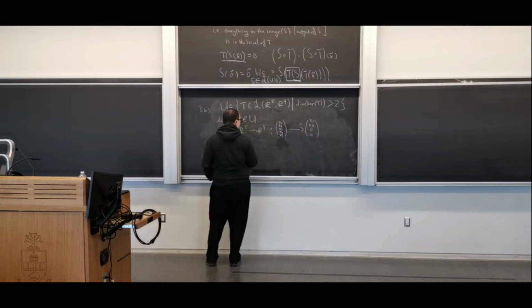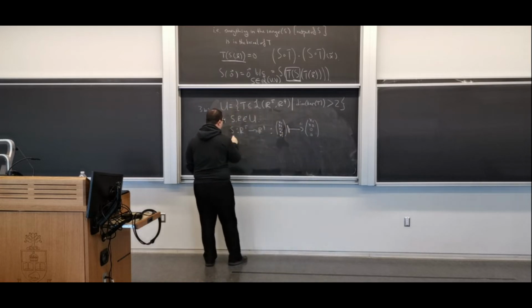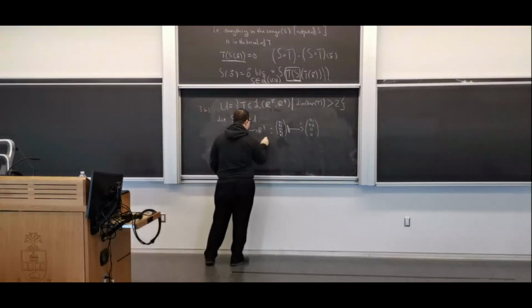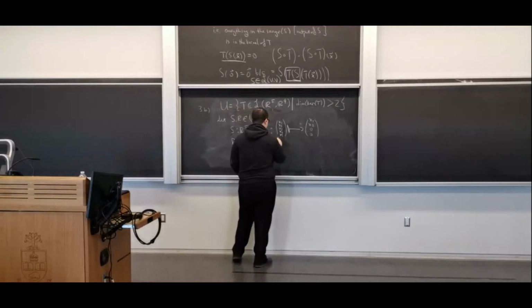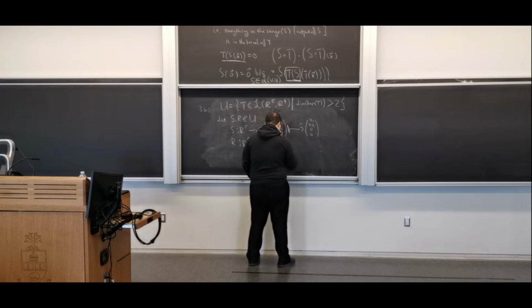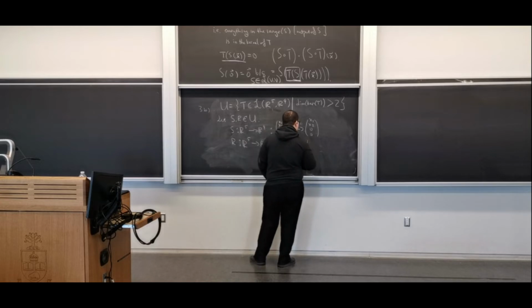And then for R, it maps from R5 to R4, such that x1, x2, x3, x4, x5 gets mapped to 0, 0, x3, x4.